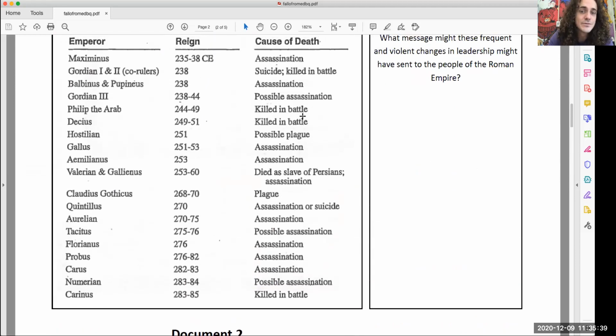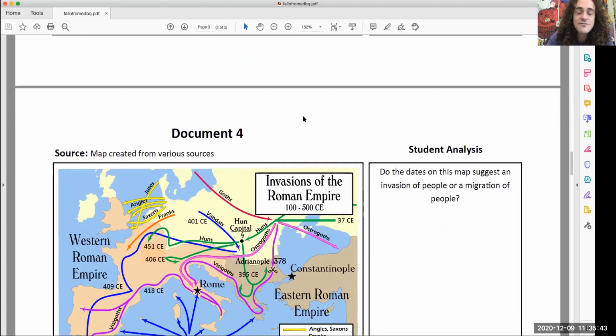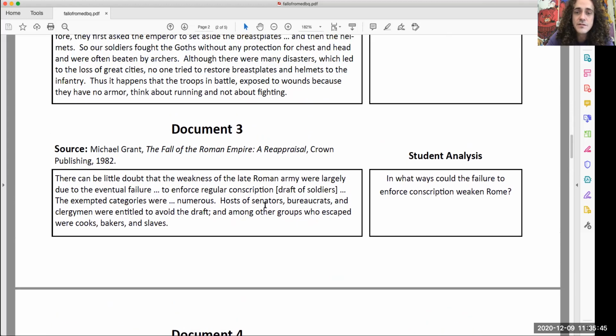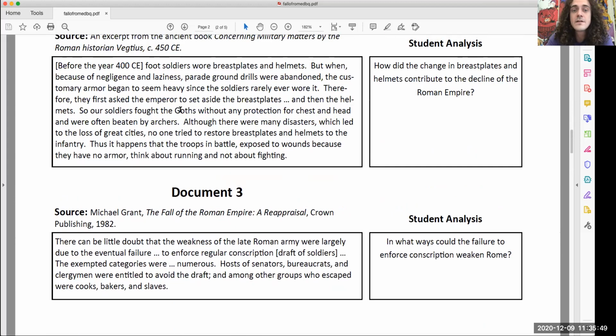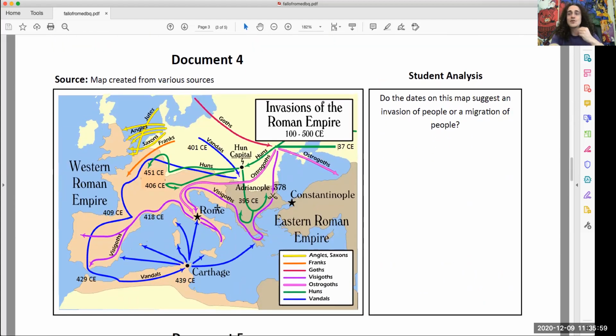They certainly do, right? Do these invasions coincide with the lack of soldiers through conscription? Yep. Does it coincide with lack of military preparation? Yep. So this is a great source. It might be more difficult to write about because you have to make your own, I don't want to say assumptions, but your own interpretations of what the data represents.